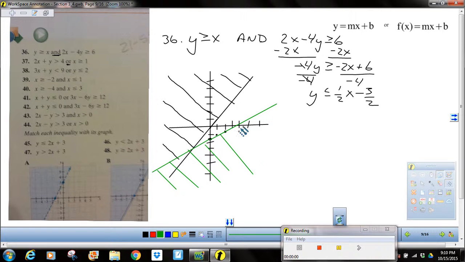The only area of the graph that I see that both of these cover is this region right over here. So the solution to the 2 inequalities is this region right here. Took a lot of time for one problem.